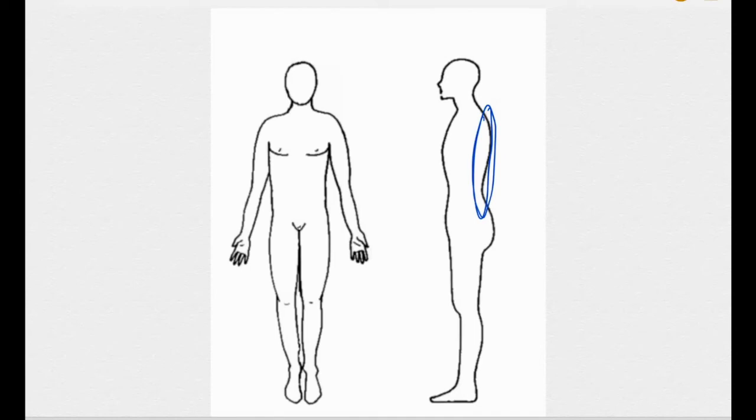So right here on the top of your foot, this is going to be the dorsal aspect of your foot. Because it's the back of your foot. Versus the ventral part. Ventral means the belly or underneath. So the belly of your foot, or the underneath part of your foot, is going to be the ventral part.